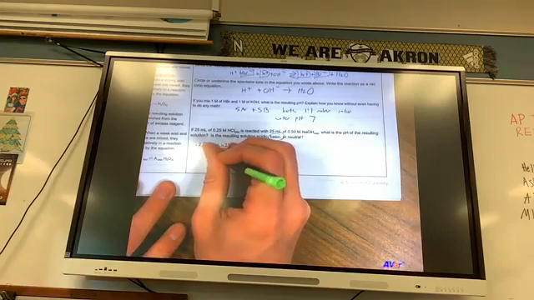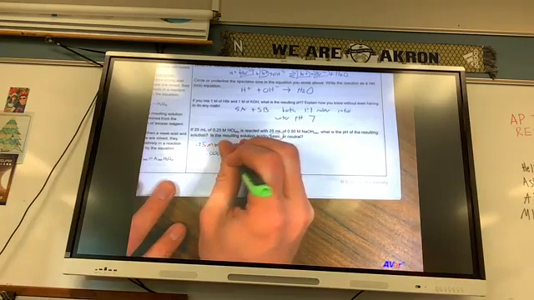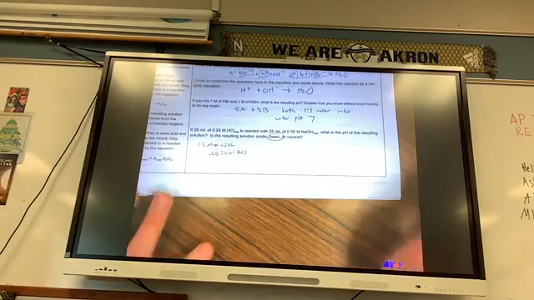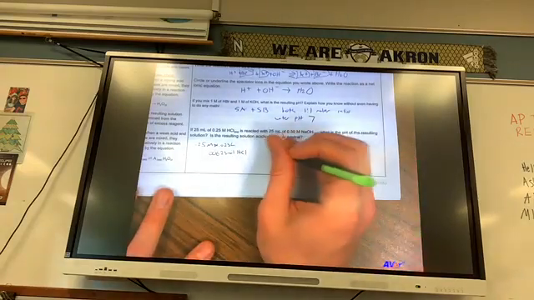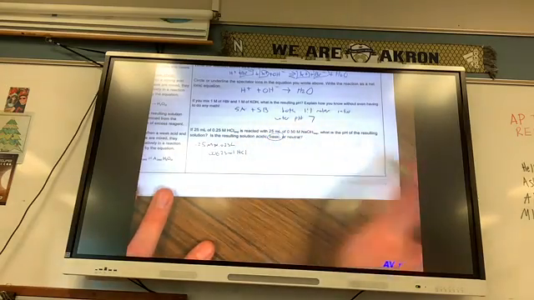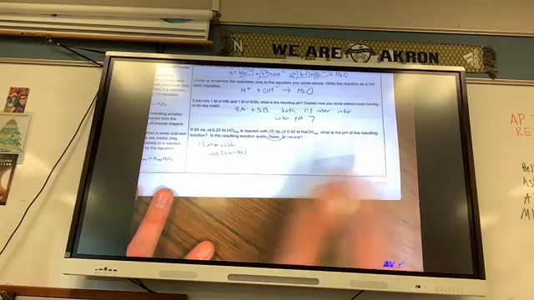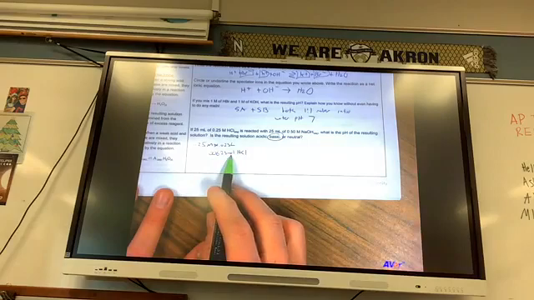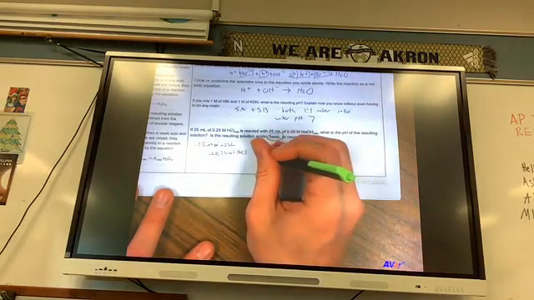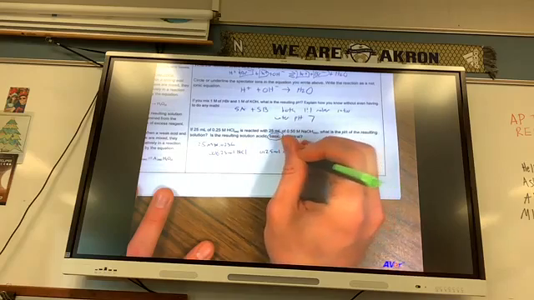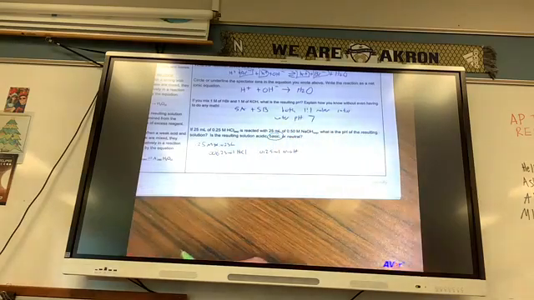If I'm not rounding, 0.00625 moles of HCl, right? If I do the same for the other one, it's going to be double, so 0.0125 moles of NaOH, right?